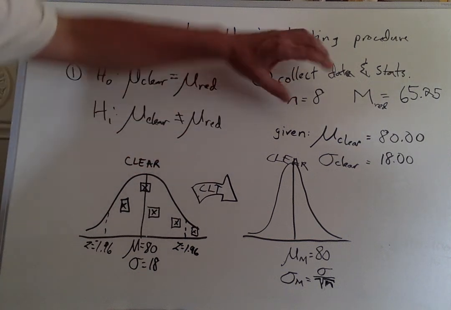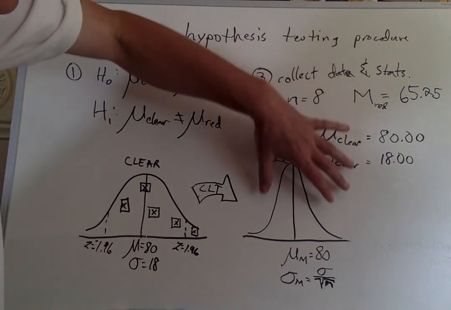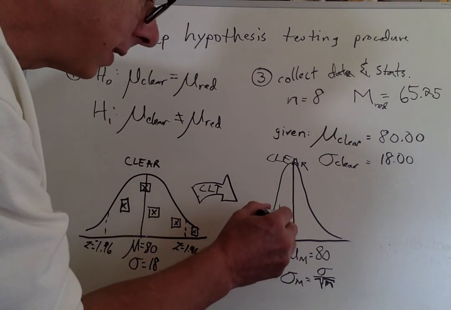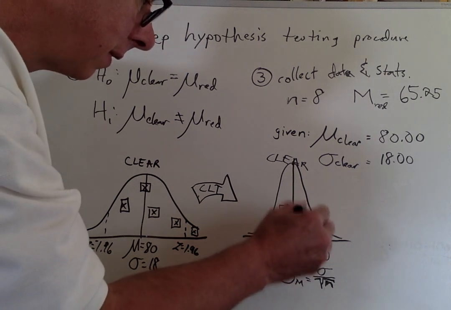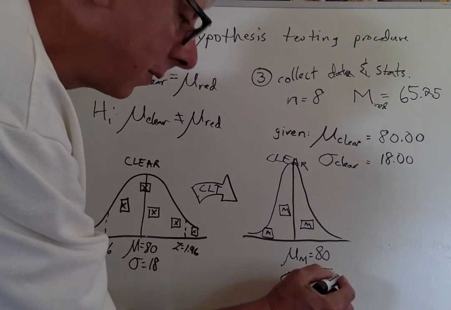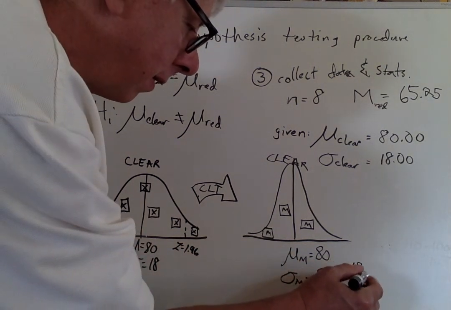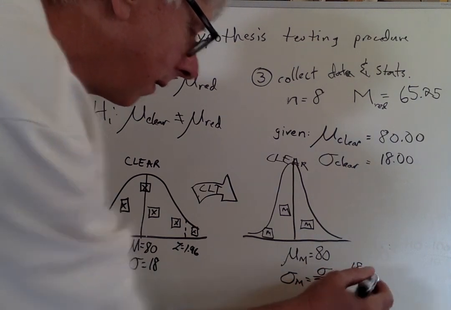I have 8 people in my red group, so I want to look at what samples of 8 look like for clear. Now these are means. Now these are means for samples of 8. Okay, so that would be 18 divided by the square root of 8.